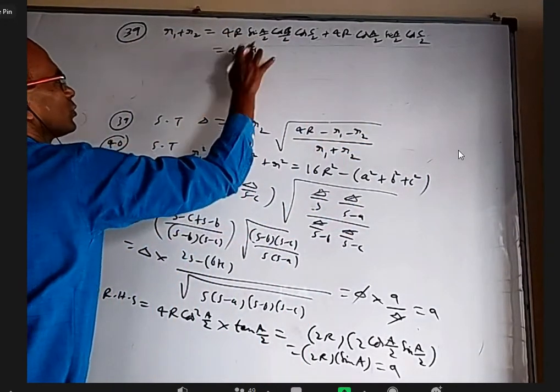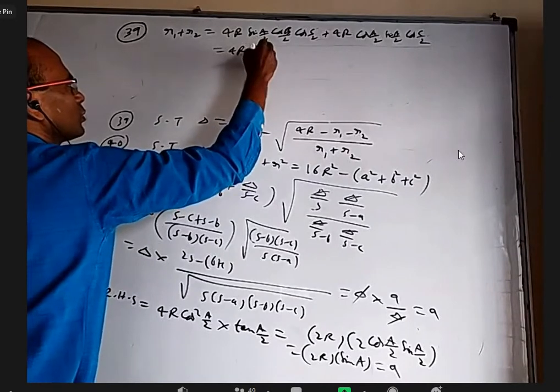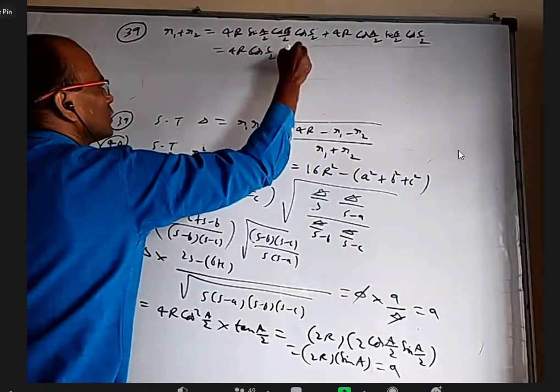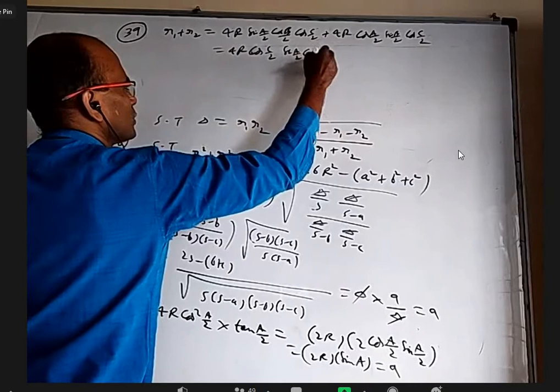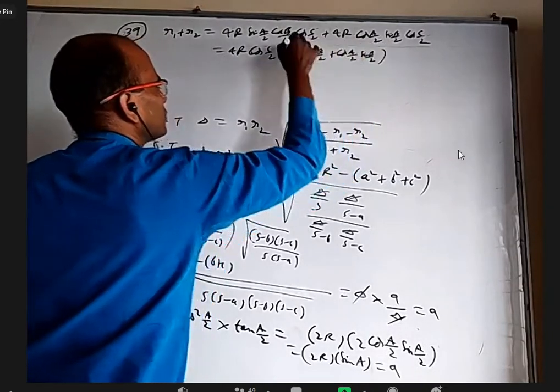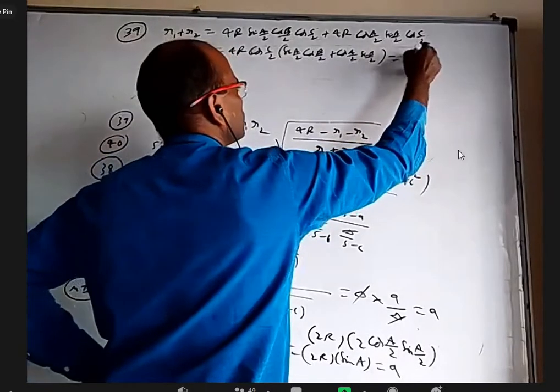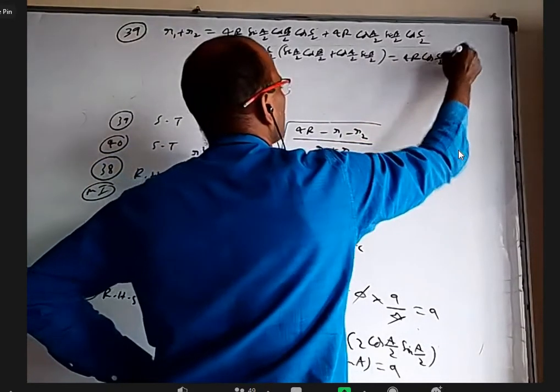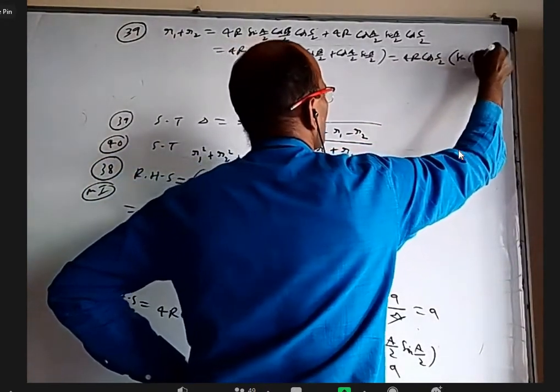If I take 4 capital R cos c by 2 common, sin a by 2 cos b by 2 plus cos a by 2 sin b by 2. This is sin of a plus b by 2.